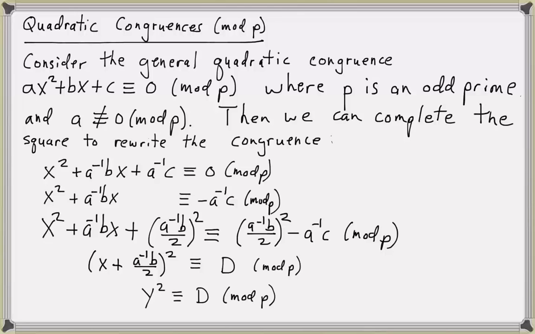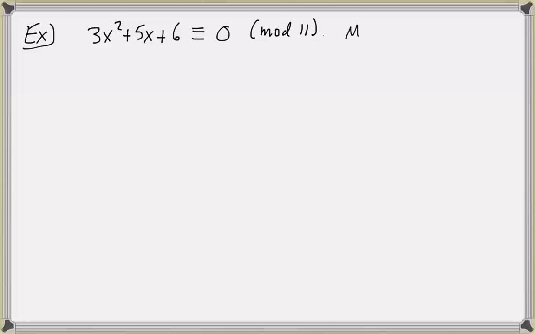So let me show you how this works with a real quadratic congruence. Suppose we want to solve the congruence 3x squared plus 5x plus 6 congruent to 0 mod 11. As we saw above, I'm going to multiply by 3 inverse. Well, the inverse of 3 mod 11 is 4.